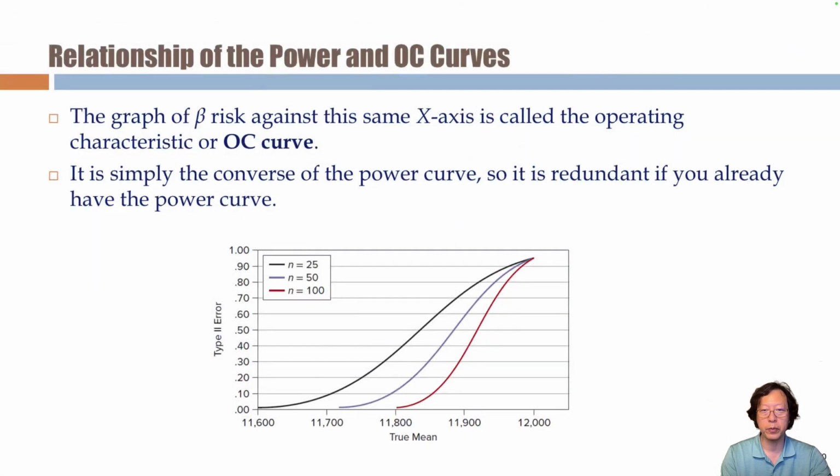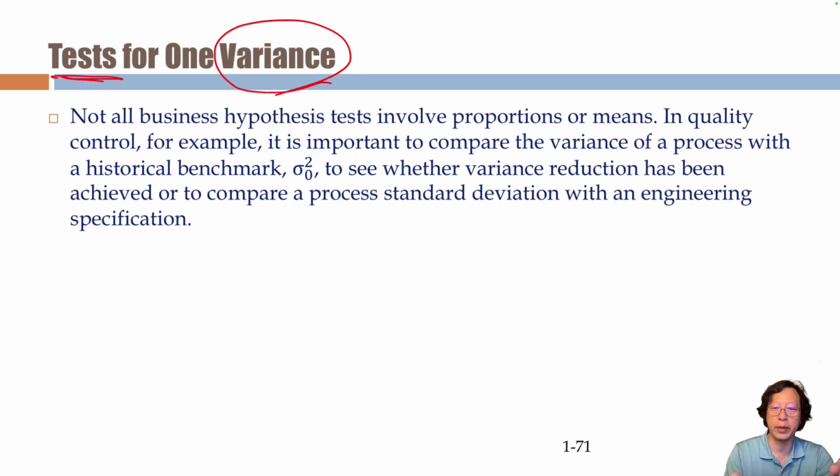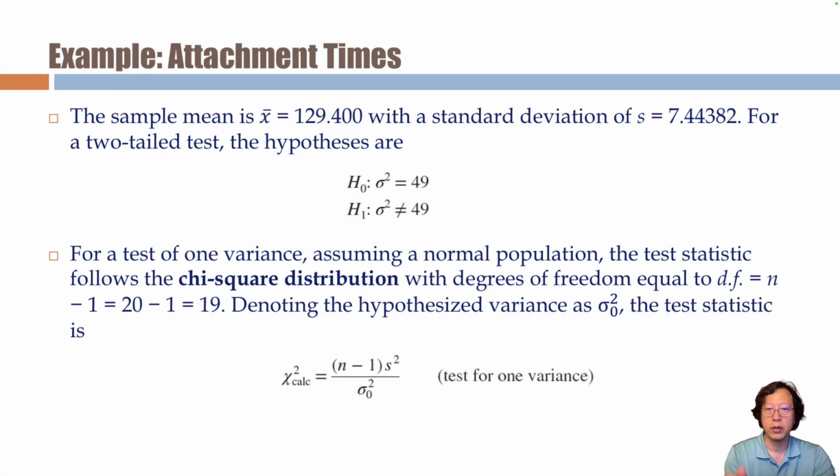And also the test for the variance. If we are trying to test the variance, the null hypothesis will be whether our variance is the same as 94 or not, but I will skip this part.